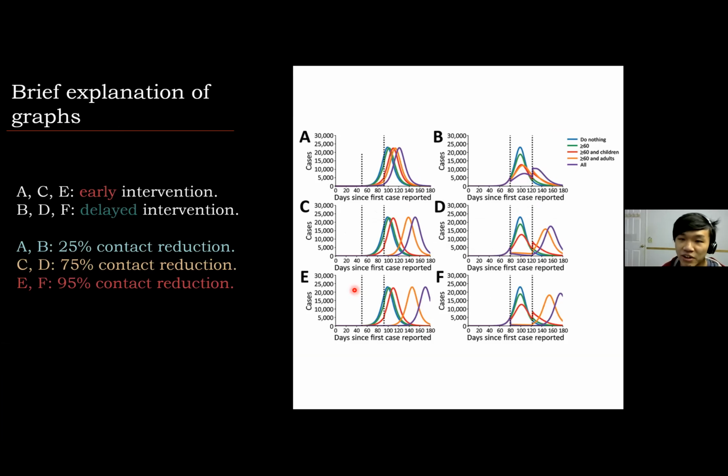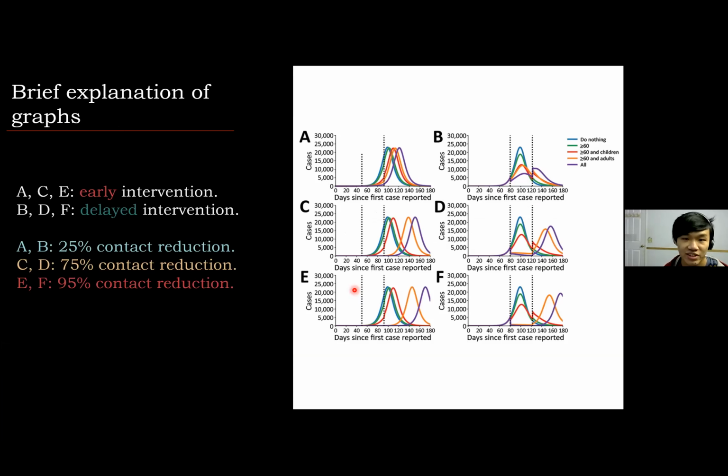And then they did another study where they tested a delayed intervention, since the models for an early intervention proved that there probably wouldn't be any significant improvement or flattening of the curve.